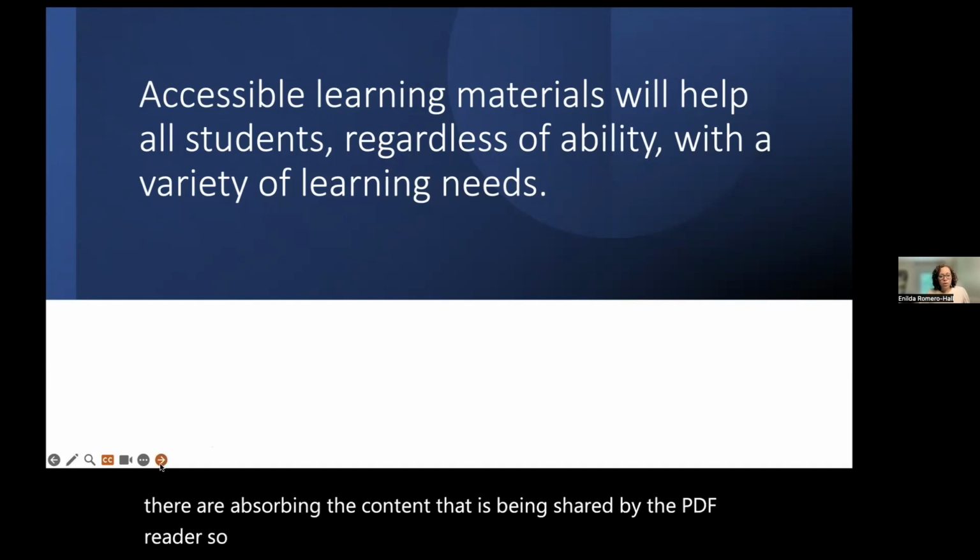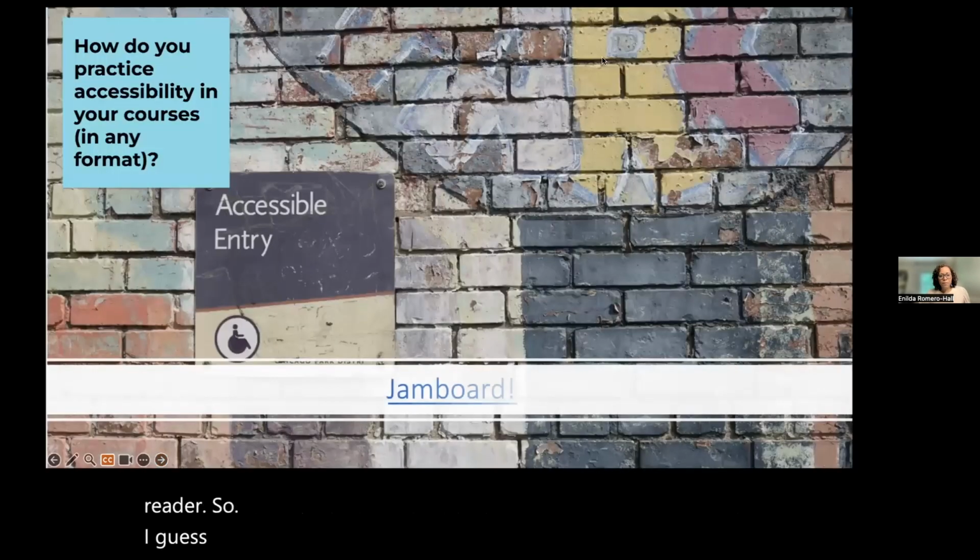So I want to give you a couple of minutes to share with the class, or with others who are part of the session, how you make your content accessible in your face-to-face instruction.